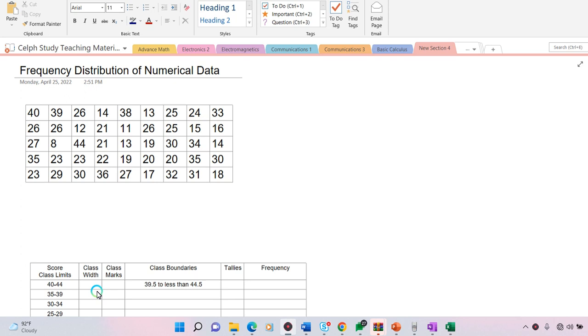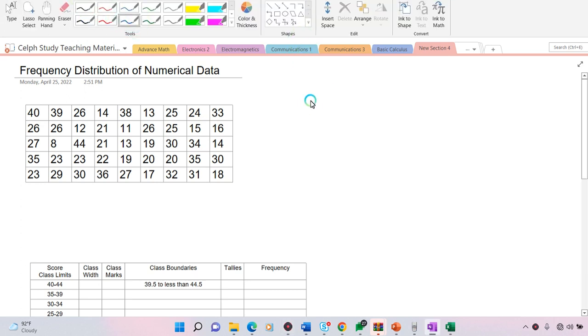So what formula do we usually consider? If there is no Sturges' formula indicated in the problem, then this is the formula we use for the number of classes: the number of classes is equal to the square root of your population or sample size.